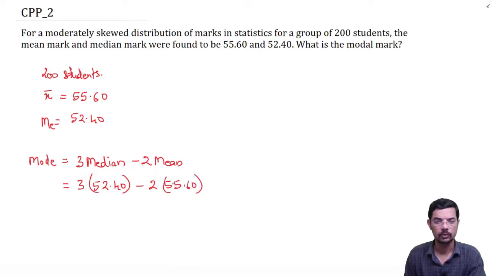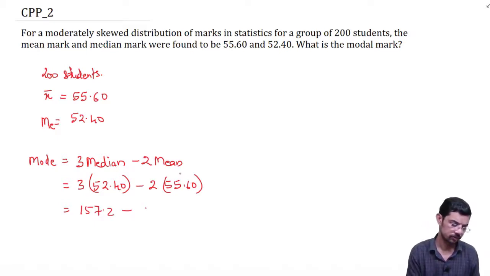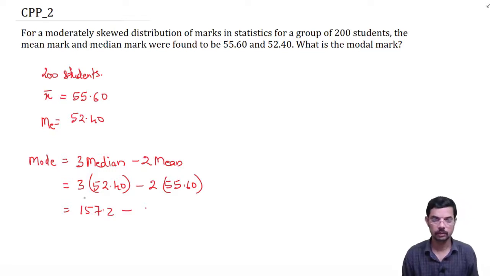When you calculate this, 3 into 52.40 gives 157.2, minus 2 into 55.60, which is 111.2.